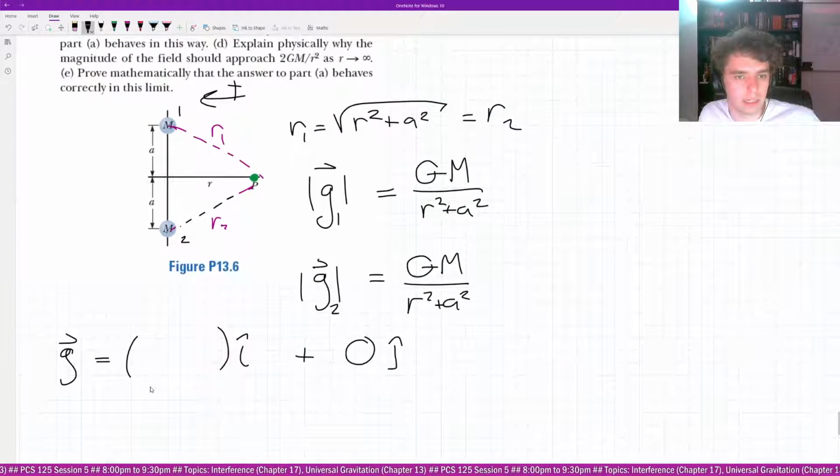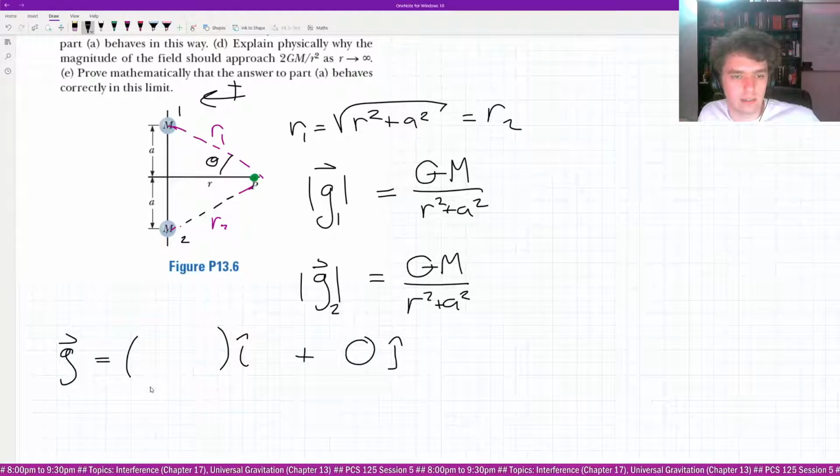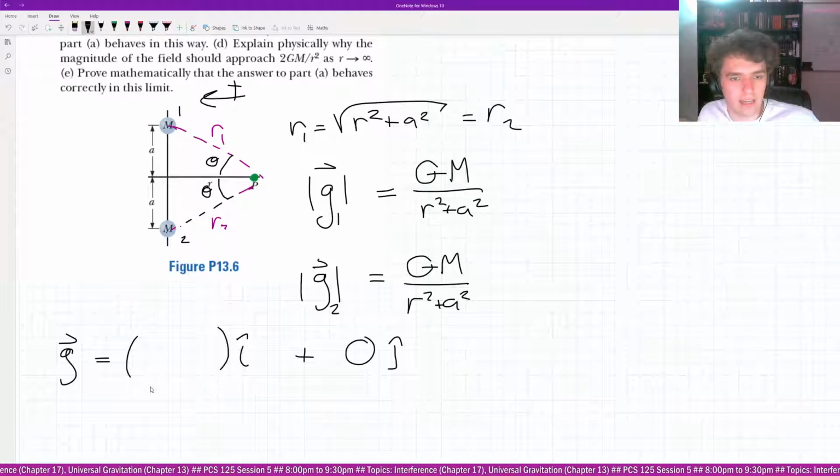Well, the x component is just the cos. So if I define this as theta, and this is the same theta, right? Then cosine theta is adjacent over hypotenuse. So the x component over the hypotenuse, right?